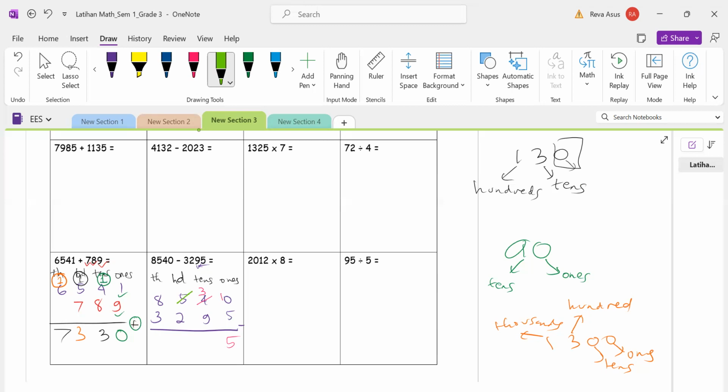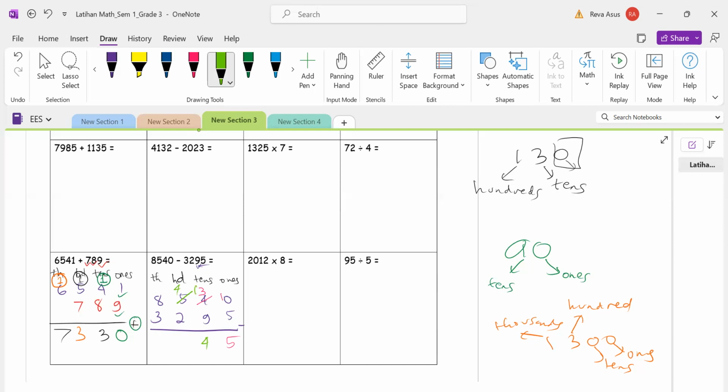Let's give 100 to tens. 100 is 10 tens. So let's just put 1 in here. 10 plus 3 is 13 tens. So the hundreds became 4. Let's do the tens. 13 minus 9 is 4.